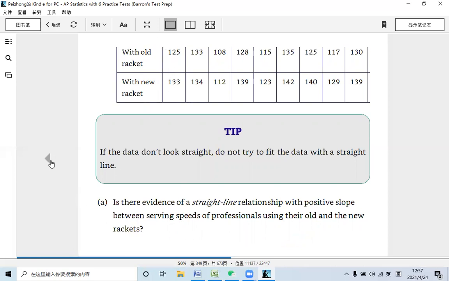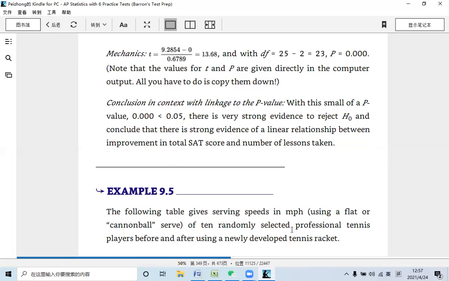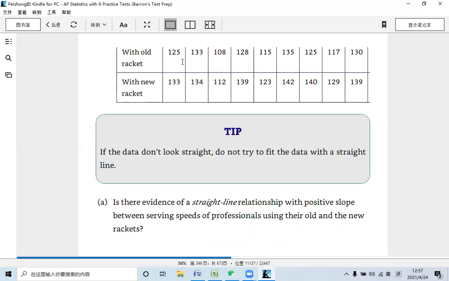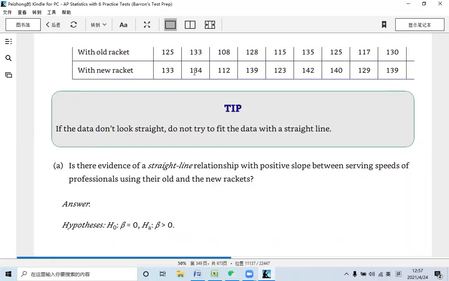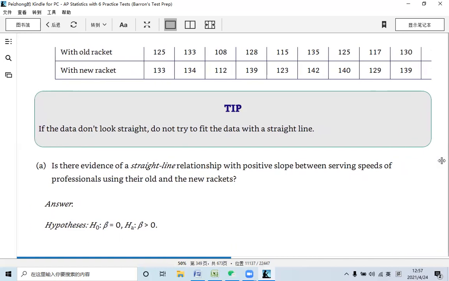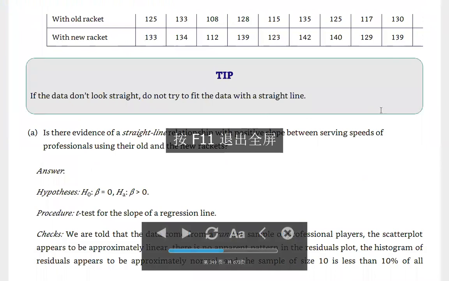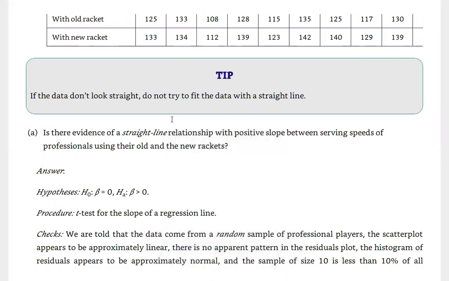How many people do we have? 10. 1, 2, 3, 4, 5, 6, 7, 8, 9. I'm missing one. So where's the other one? I'm still missing one. Okay, there must be one more, so that's okay.